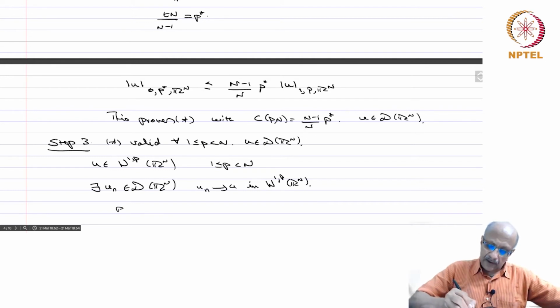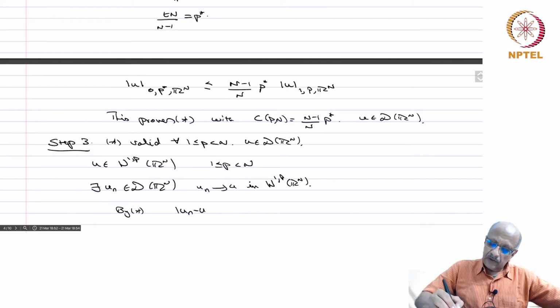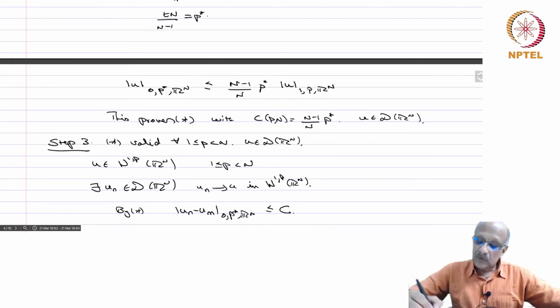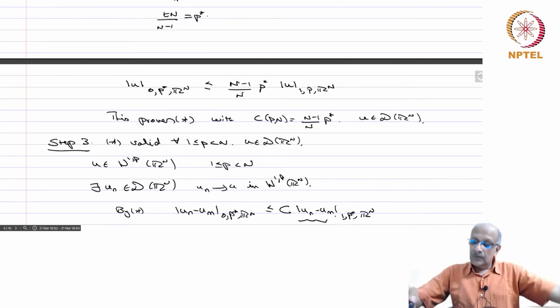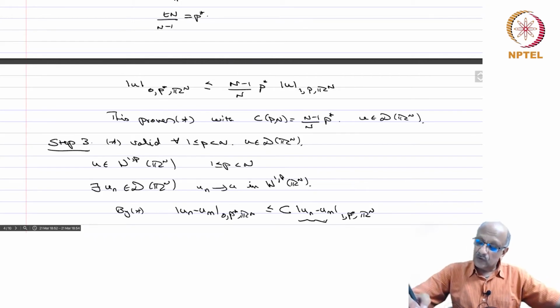So by star, what do you get? ‖u_n − u_m‖_{0,p*,Rn} is less than or equal to C times ‖u_n − u_m‖_{1,p,Rn}, and this goes to 0 because u_n converges to u. So this is Cauchy and therefore this is also Cauchy.